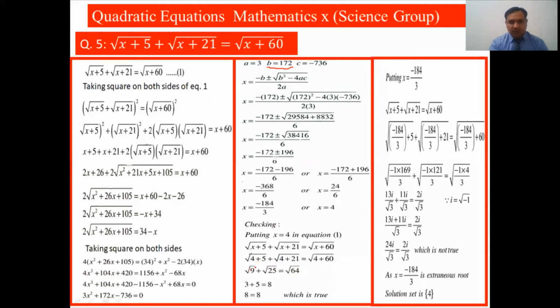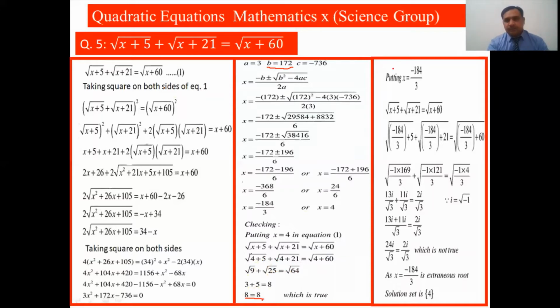So square root of 9 is 3, and square root of 25 is 5, and square root of 64 is 8. So 3 plus 5 is equal to 8, and this is also 8. So 8 is equal to 8, which is true. So we can say that x is equal to 4 is the solution of this radical equation.